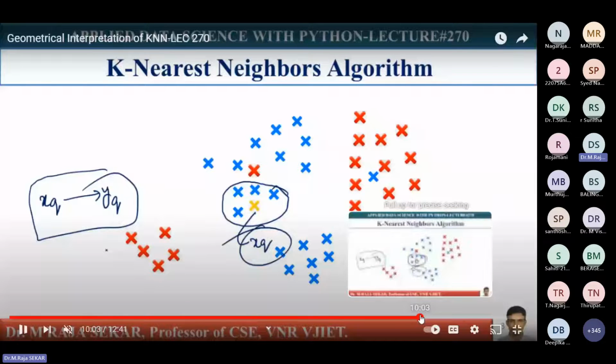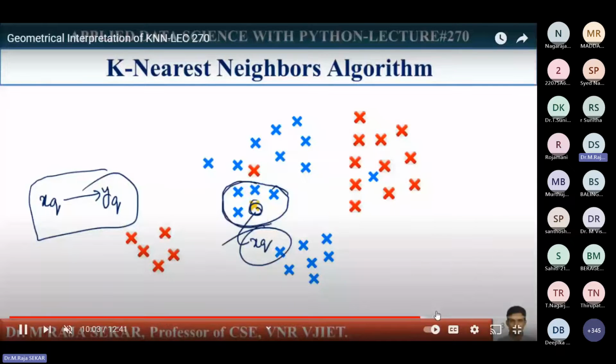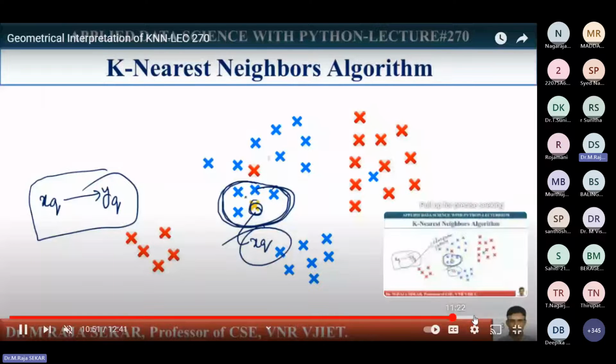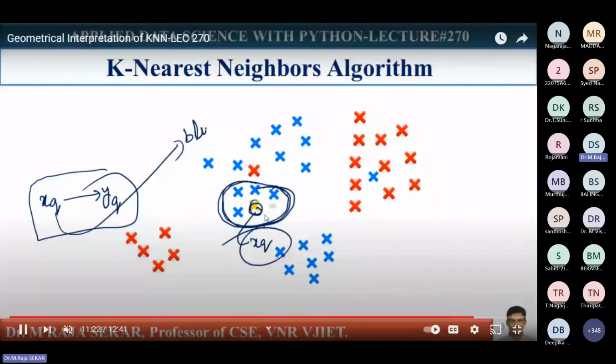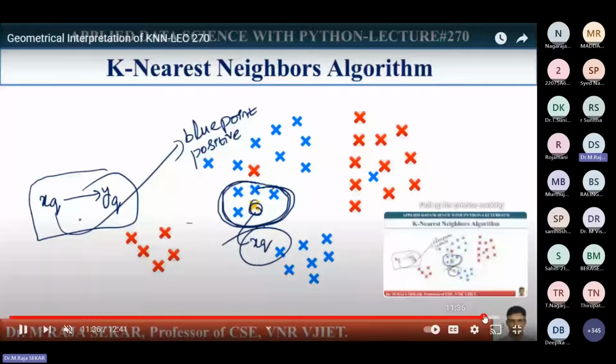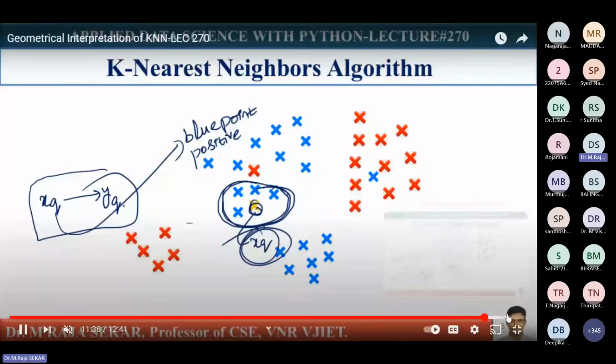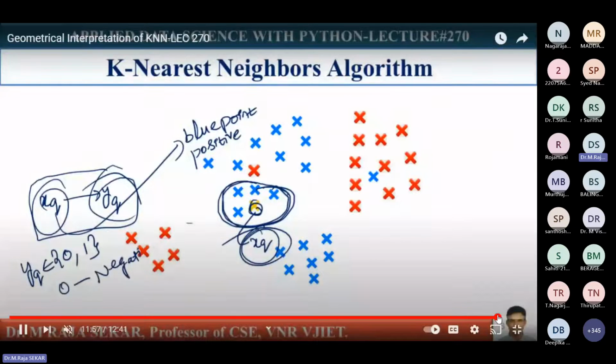Blue means positive, because it is surrounded by blue points. I am saying something about training, but if you speak strictly, in the case of the k nearest neighbors algorithm, there is no such hardcore training. Those points I will discuss later. For the time being, just understand that you have to take the nearest neighboring points and assign that label.